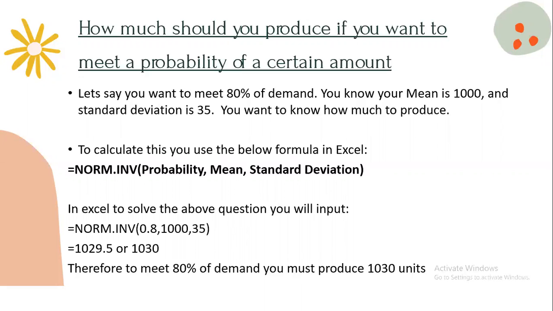So again, we've discussed that usually for these kind of questions, you need to use the norm.inv formula, and you plug it in and it will give you the answer. But what I'm going to do is take you into Excel, and I'm going to solve this with you in Excel so that you are very familiar, and it hopefully will become a lot easier for you.